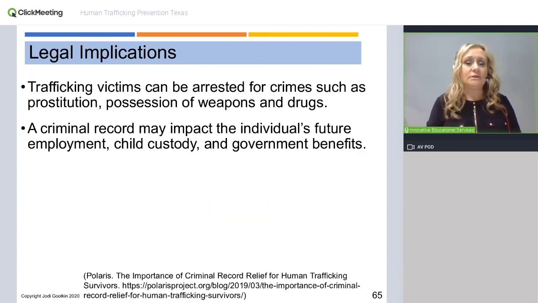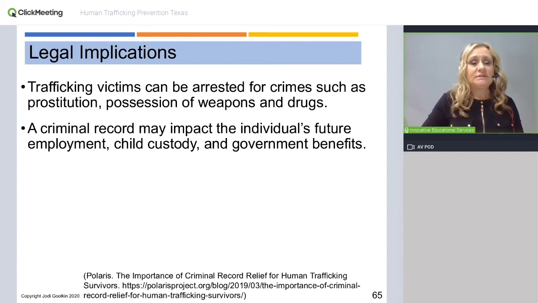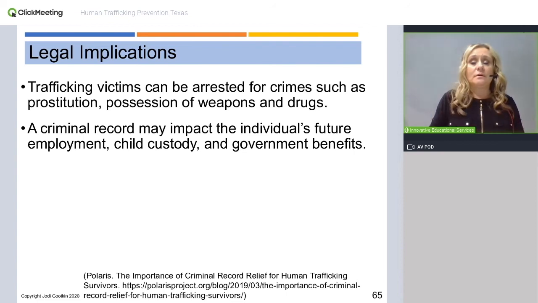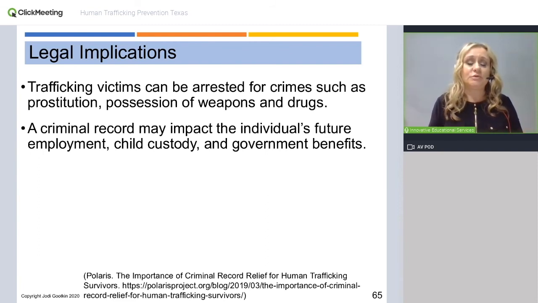Also, when contacting law enforcement, we do need to consider that the individual who is the victim could be found to be not in compliance with laws related to other crimes such as drugs, weapons, prostitution. If the individual goes down that path where they incur a criminal record, this could put them at risk for developing that life after they're removed from their trafficking situation.